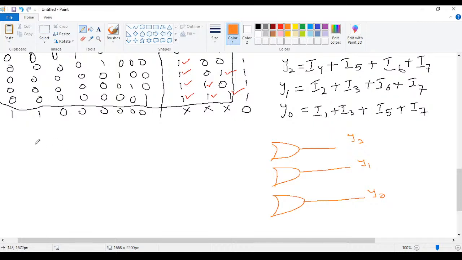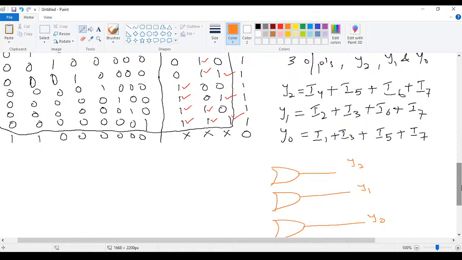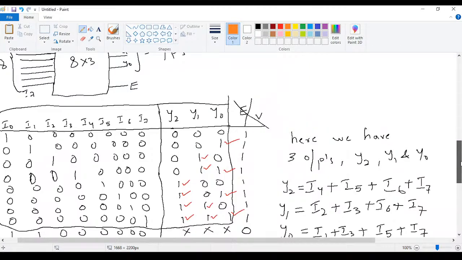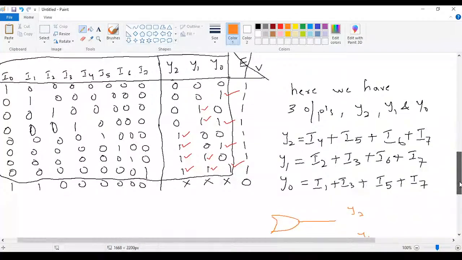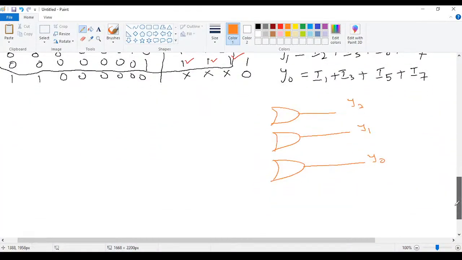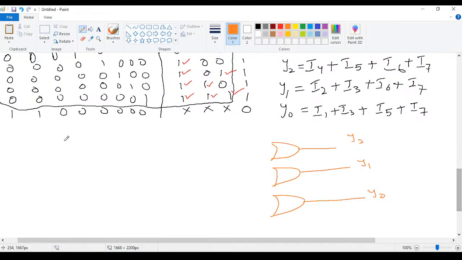Let us take I4. We don't have I0 equal to 1. We don't have any output for it, so no need to go for I0. So we draw the circuit here.